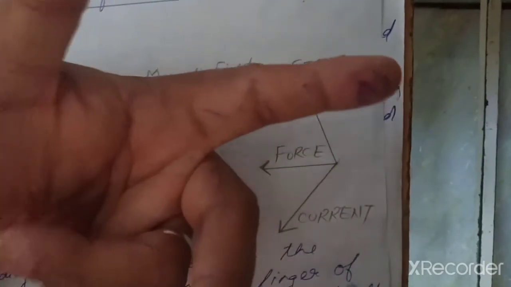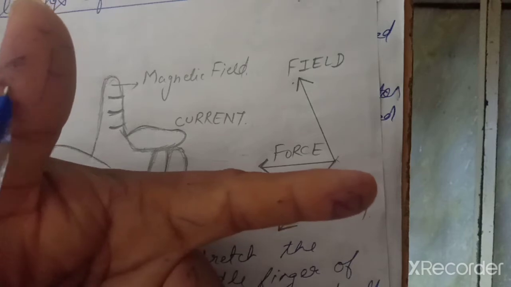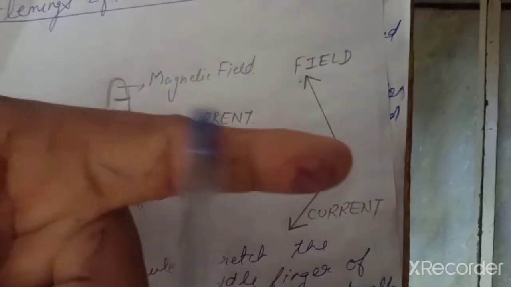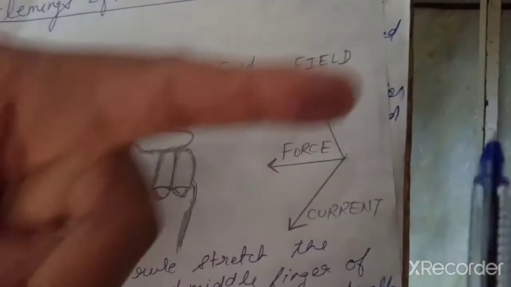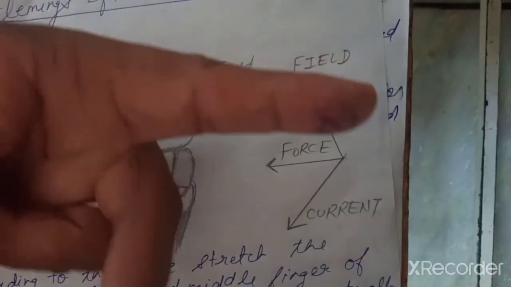Now what is the meaning of the FMC rule? The thumb represents the direction of the force on the conductor, this finger shows the direction of the magnetic field, and this finger shows the direction of the current. So this is Fleming's left hand rule.